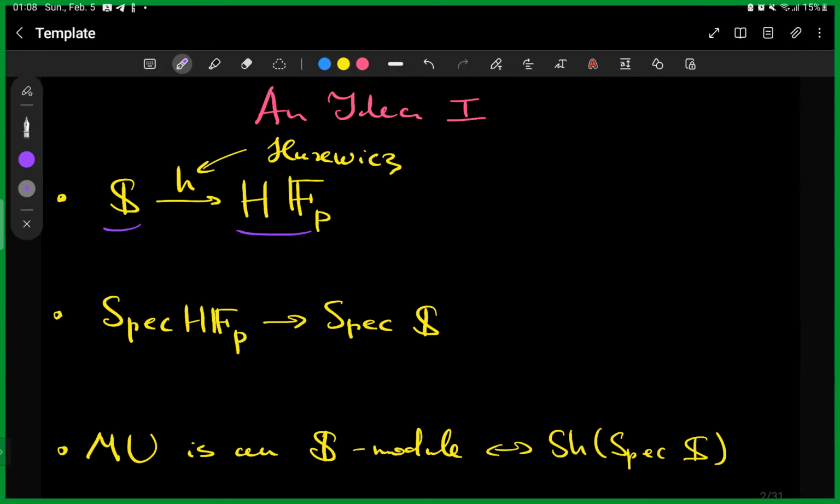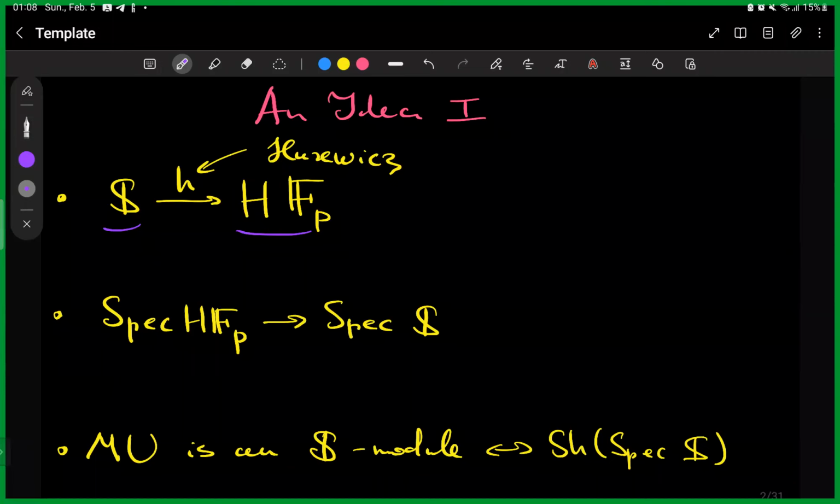You can think of it phenomenologically, or you can use some kind of spectral algebraic geometry to do this. But the idea is that we have this contravariant functor of spectrum, which takes as an input a ring spectrum and produces some kind of a space.